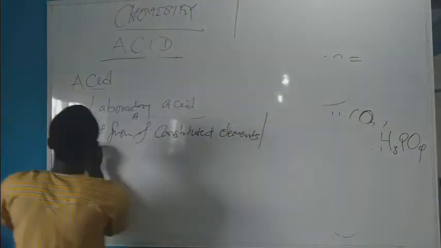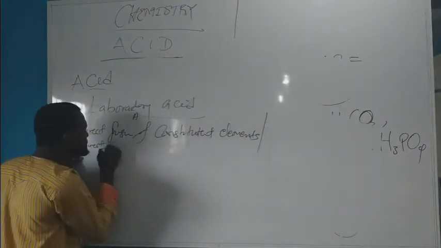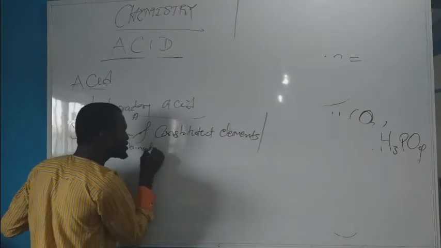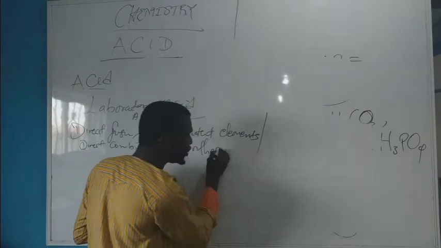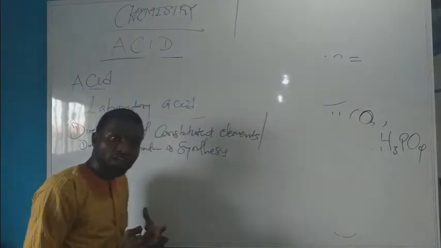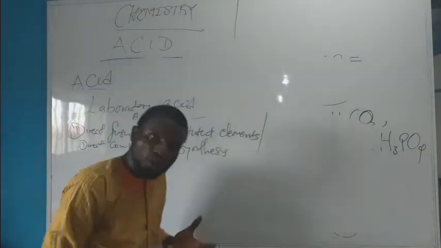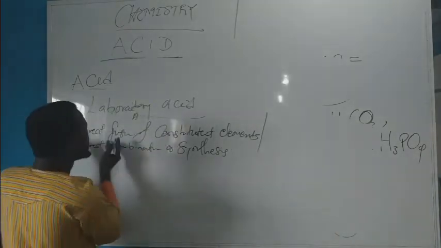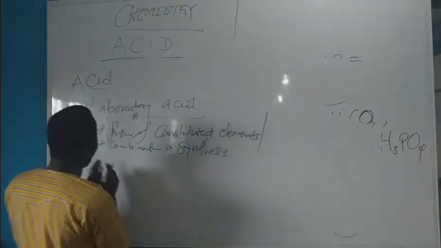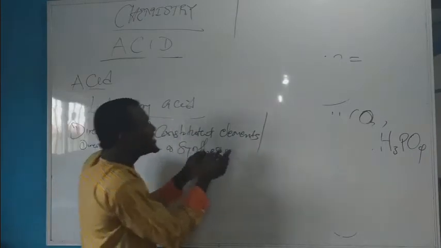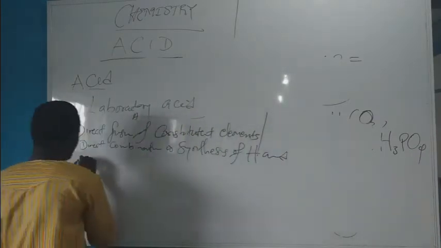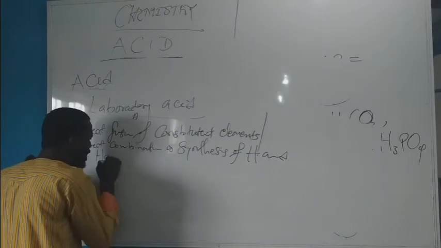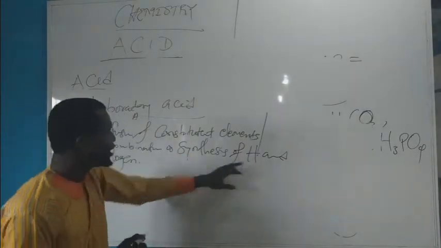So you can say direct combination or direct synthesis. That's another word you can use. Synthesis means combination or joining together or fusion of 2 or more substances. So direct fusion of constituent elements or direct combination or synthesis of hydrogen and a halogen.